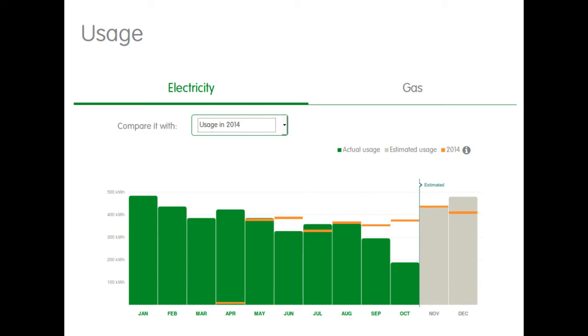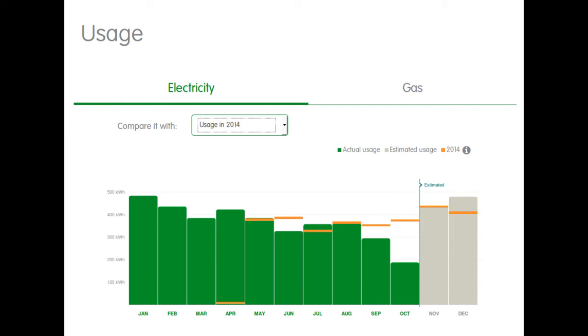November will be the real tell, because that will be a complete month where we've had the solar panels, and obviously I expect it to be even lower than the October figure. I'll put that up when that appears. But I'm hoping that it'll be probably about 100 kilowatt hours for the month, something like that.